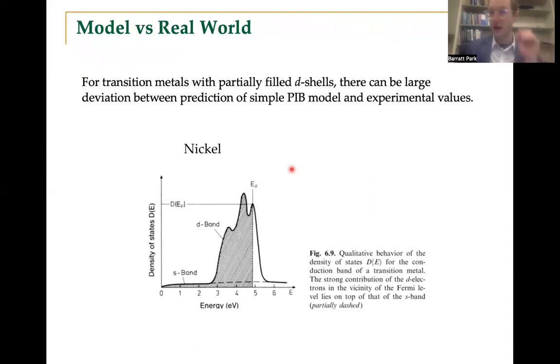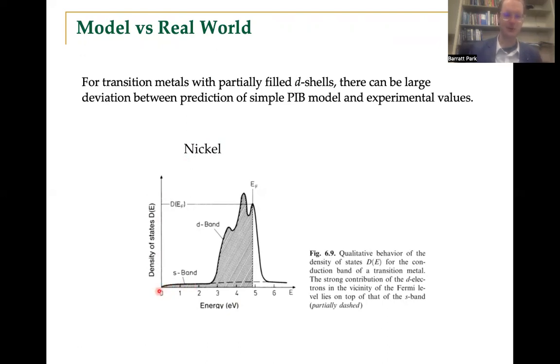I mentioned that this model was very successful for gold. For some other metals, it's a little bit less successful. In particular, when you have contributions of the d orbital electrons to the conduction band, the picture can look a little different. If you look at nickel, for example, and at the density of states as a function of energy, at low energy the picture resembles the model that we derived.